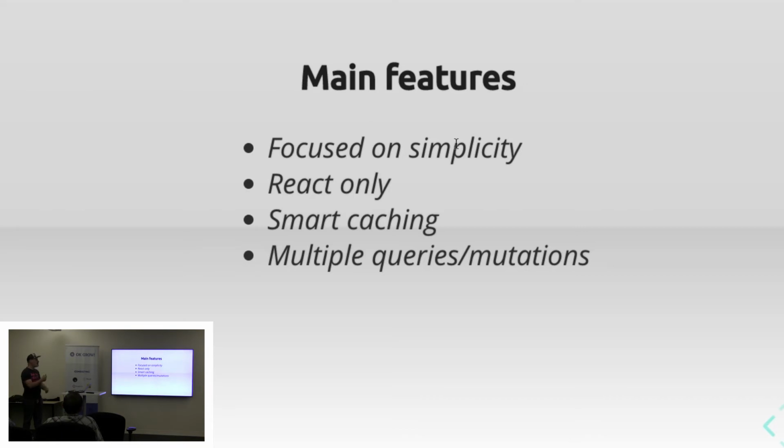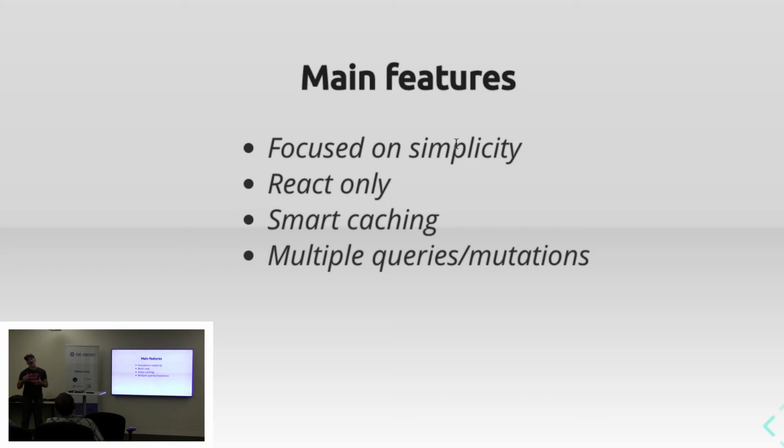There are a few things that they implemented in a different way. In Apollo, we have a different component for every separate operation. So we have one component for queries, one component for mutations, and another component for subscriptions. With Urql, we have a component that will batch all of these in one.